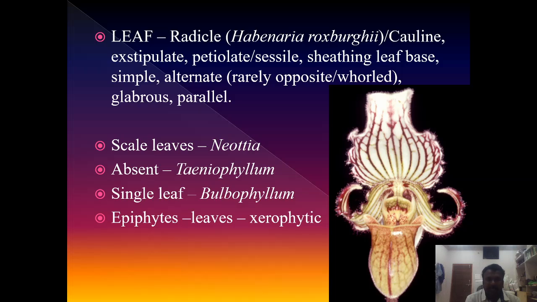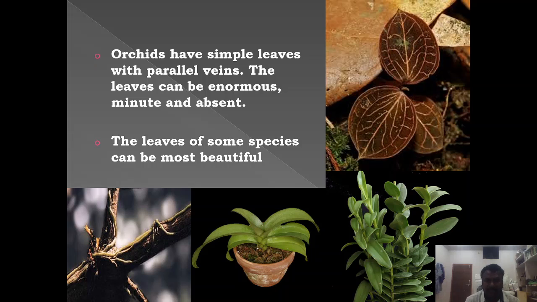In some species like Neottia, the leaves are modified as scales. In Taeniophyllum, leaves are absent. In Bulbophyllum, for each plant only a single leaf is present. In epiphytes, the leaves show xerophytic characters.